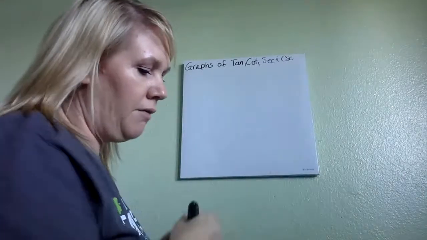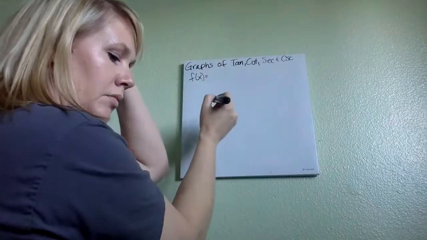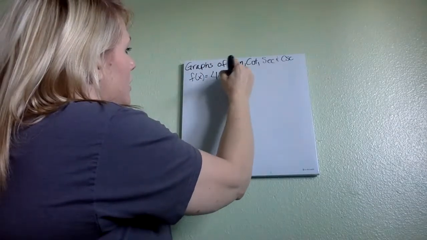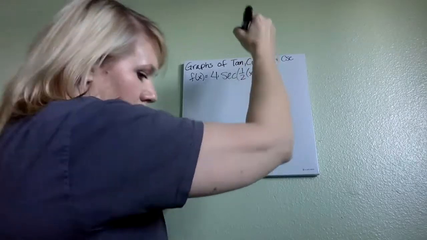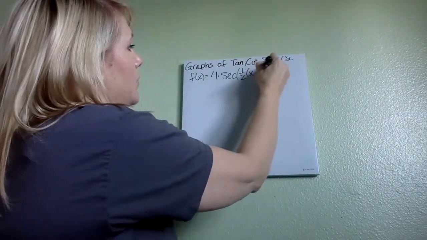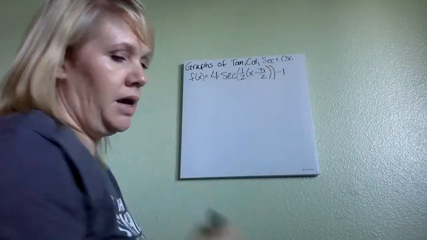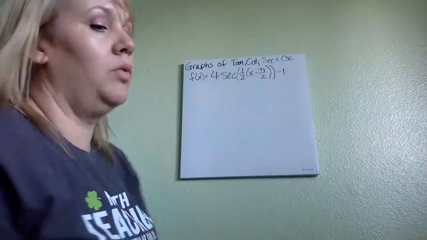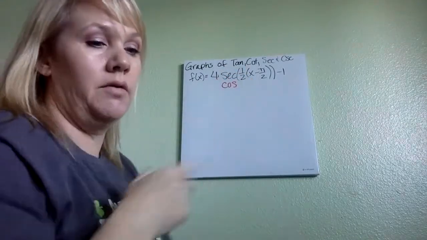So if we're going to graph for secant 1, there should be a parenthesis here, x minus pi over 2 minus 1, then we'll do the same thing. We will graph the cosine function with the 4 and everything else as well.